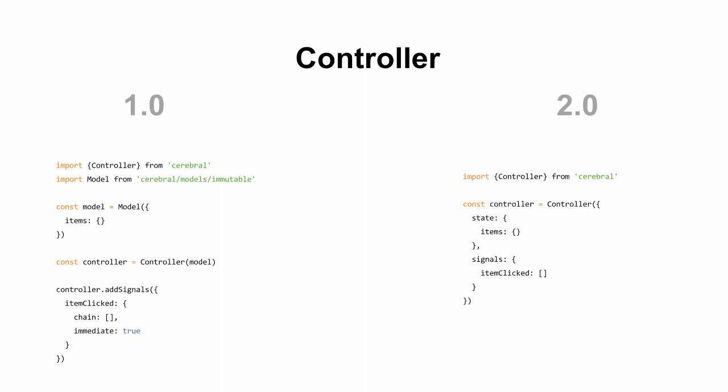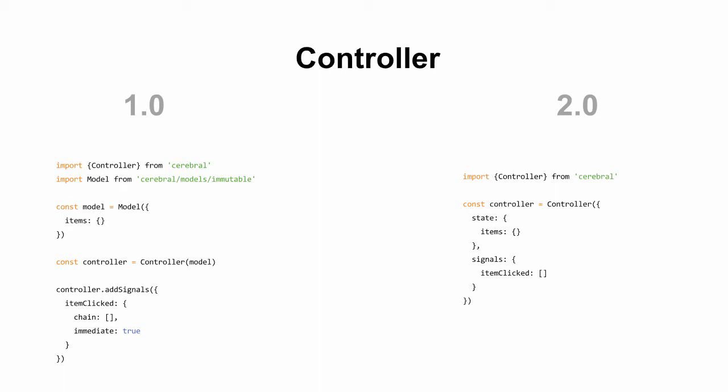First of all, the API of Cerebral 1 was very imperative. As you can see on the left side for Cerebral 1, you had to create a controller, and then you would call methods to add signals, to add state, to add modules and so on. That's no longer the case.